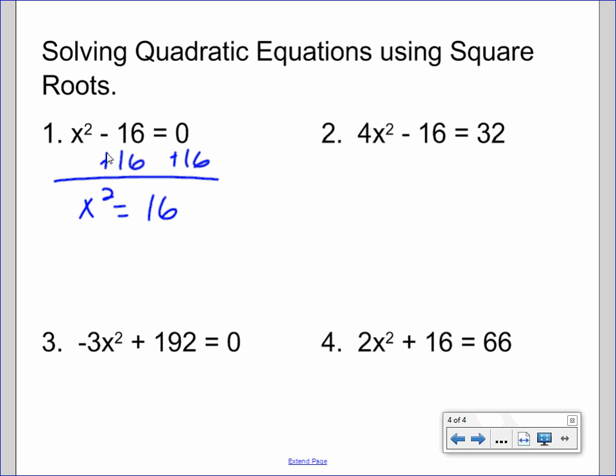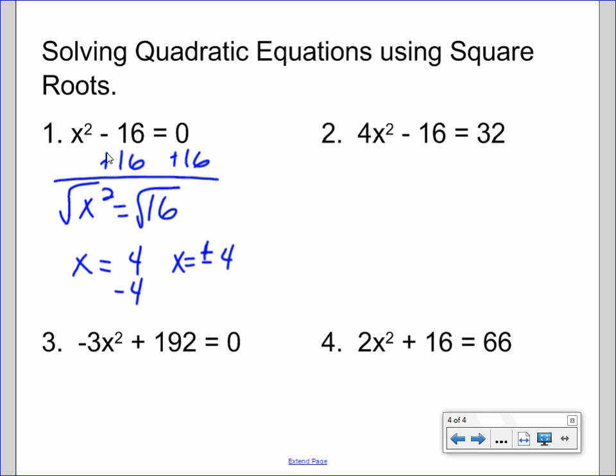Then to get rid of the square, we take the square root. So x is equal to 4, but we also have to remember that it could also be -4. I could write my answer as 4, -4, or you could simply say positive or negative 4 like this.